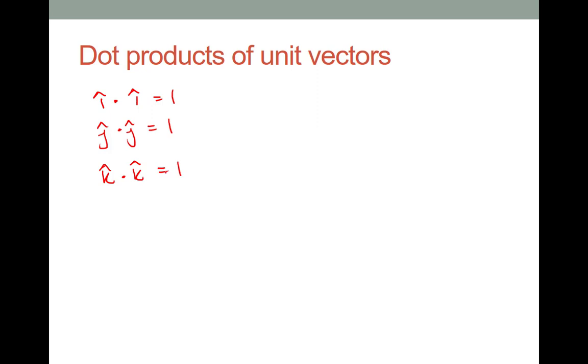If you get a value of -1, that means that they are exactly opposite each other. On the other hand, if you take the dot product of any unit vector with any other unit vector, you get 0. So i dot j is 0, j dot k equals 0, and i dot k equals 0.